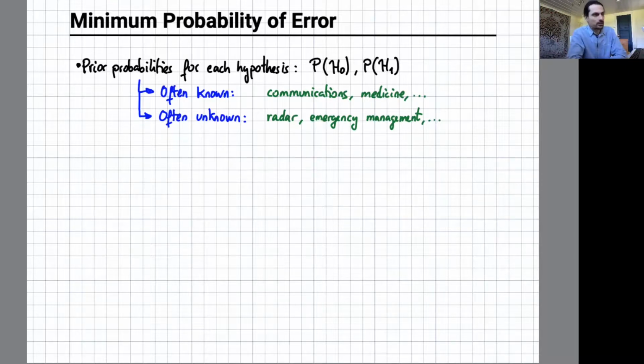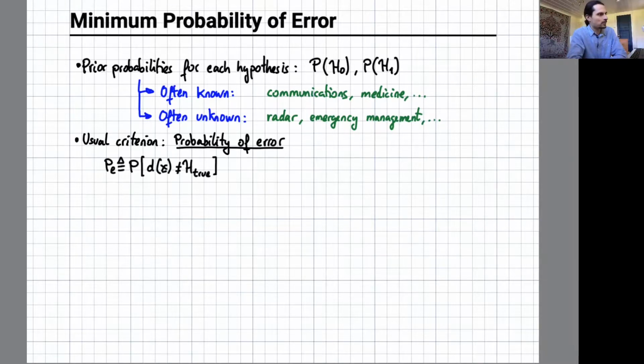And a very important advantage of introducing prior probabilities for the hypothesis is that we can talk about other very interesting performance metrics. This is the case, for instance, of the probability of error, which is directly the probability that our decision is different from the true hypothesis.